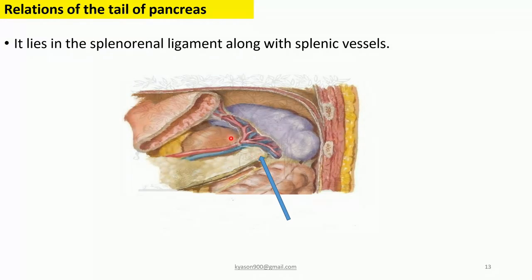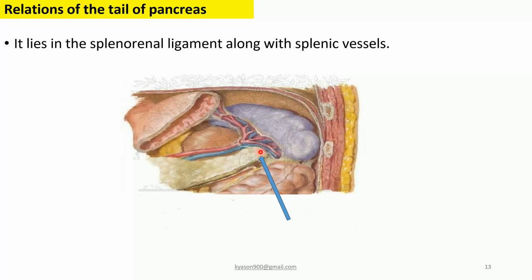This ligament is connecting the spleen here with the kidney, and our tail is within it. So this tail is close to the hilum of the spleen, and surgical care has to be taken. If a splenectomy is to be done, always care has to be taken not to injure the tail of the pancreas.